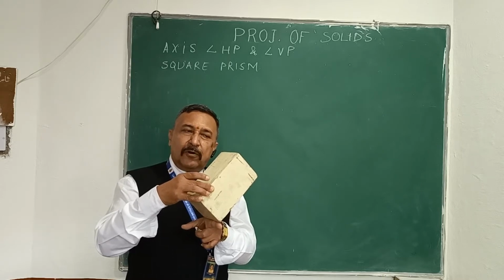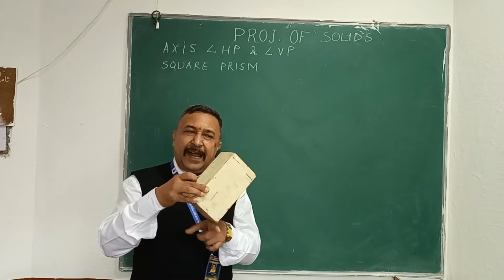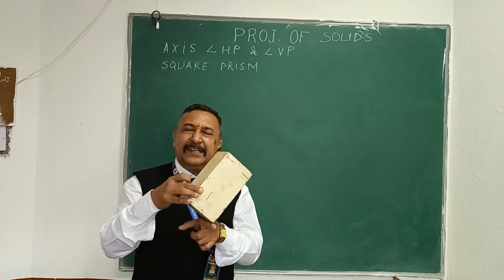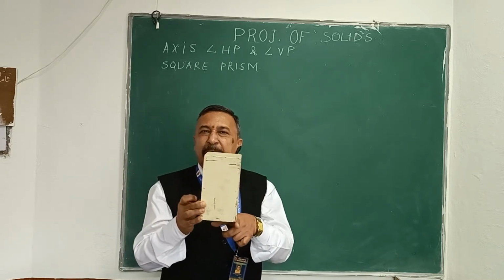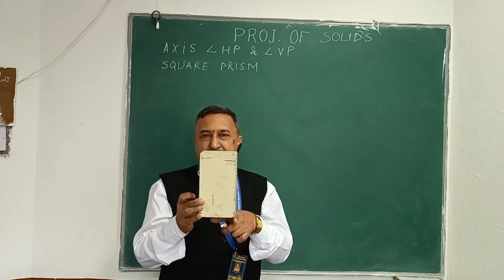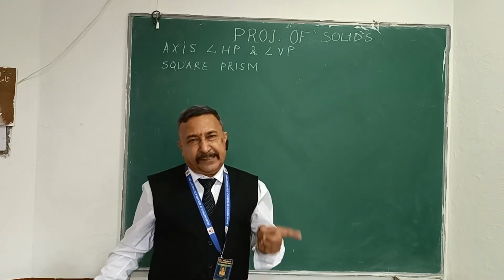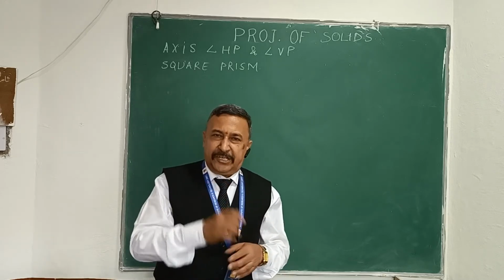Okay, so how do we start? Now the position is given, axis is inclined to HP and this edge is inclined to VP. So one position is given of axis and another is of any edge.